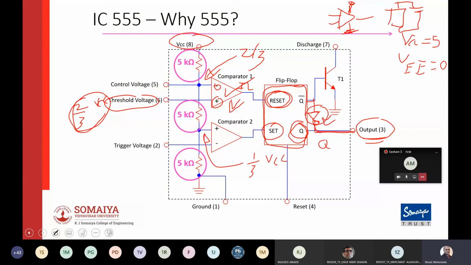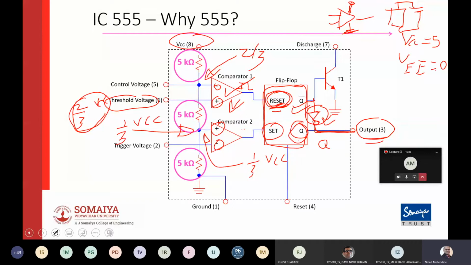Then next, what will happen if it crosses 2/3 of VCC: the reset pin will go high. As soon as the reset pin goes high, Q will become low, or Q bar will become high. And what will happen to comparator 2? Comparator 2 will go high only if its positive terminal voltage is greater than its negative terminal voltage, and its positive terminal voltage at this point is 1/3 VCC.